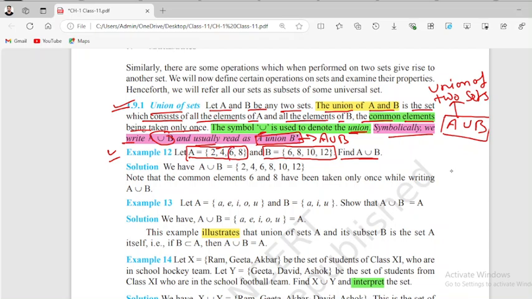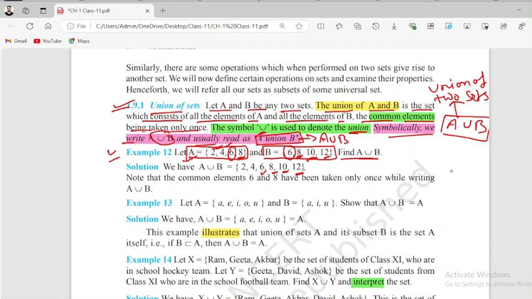The element 6 is in set A and also in set B, so in the union we put it only once. 8 is an element of set A and also of set B, so this also comes once. 10 and 12 are not present in set A, but both will come in the union of sets.